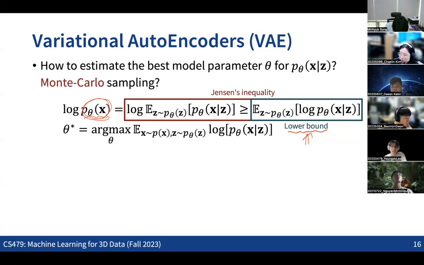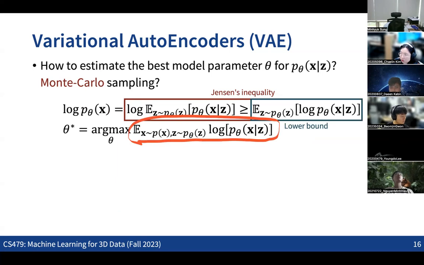If we want to find the best parameters that maximize this probability for all the samples that we have, we need to compute this expected value, right?